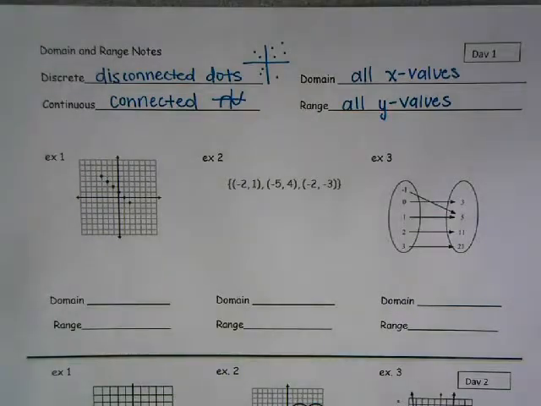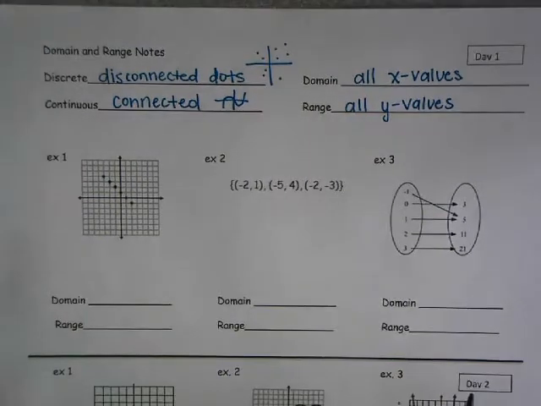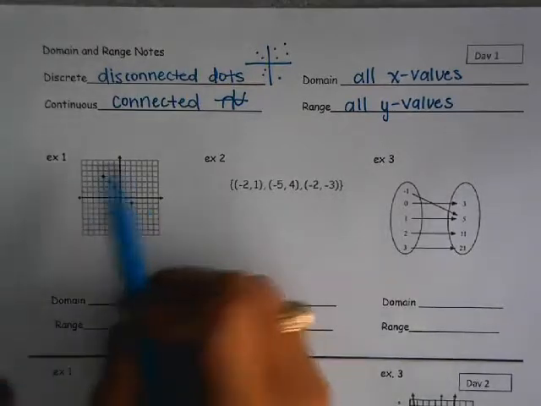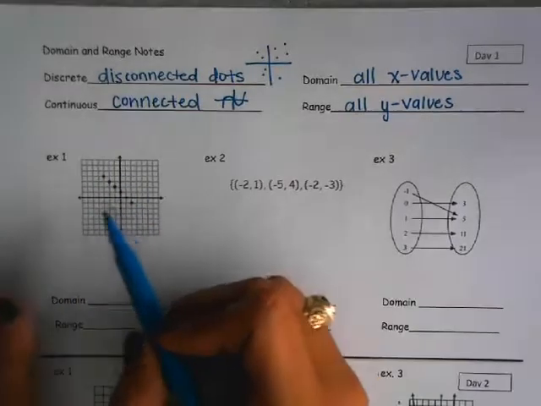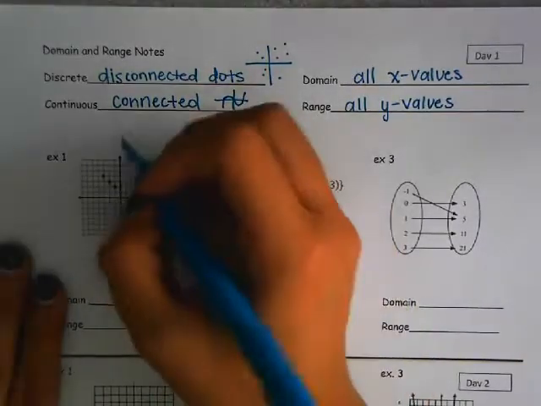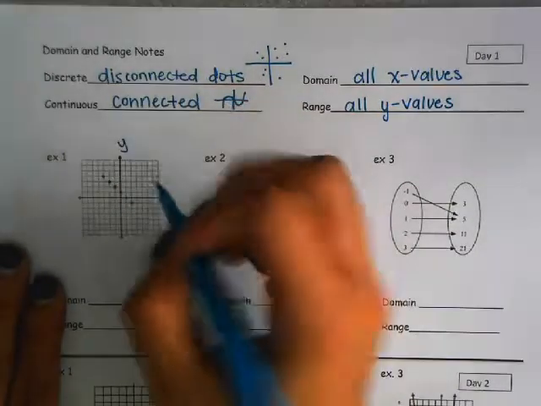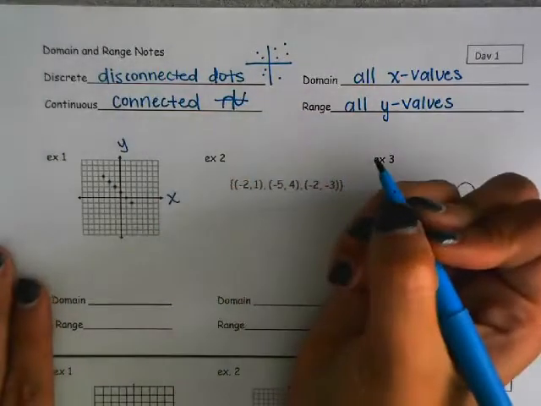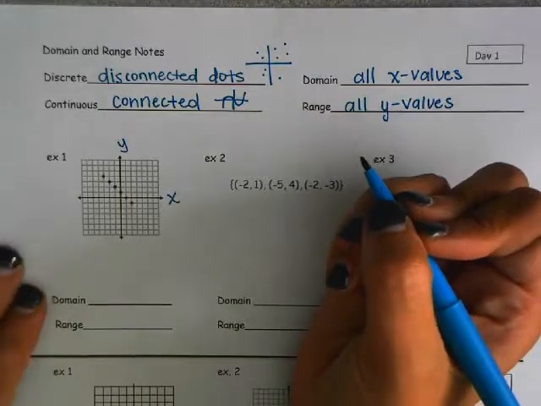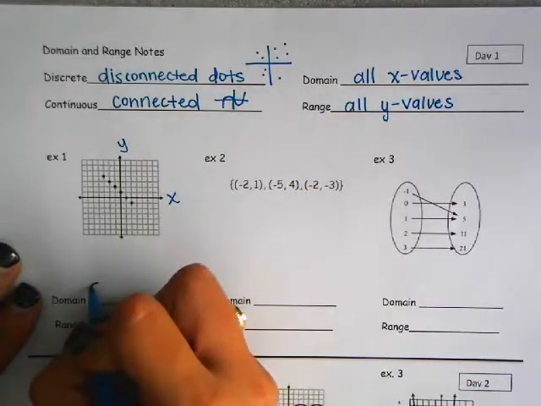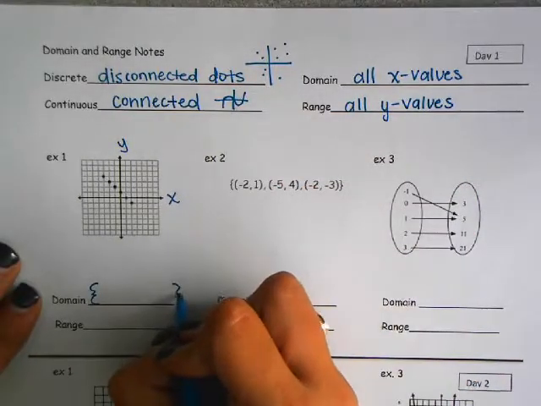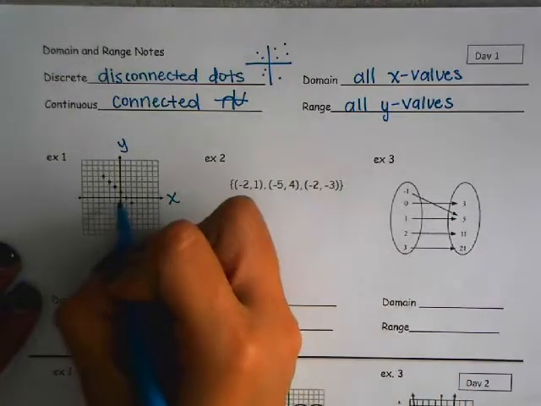All right, so let's practice looking at discrete domain. If we have example 1, this is a graph, okay? So we have our y-axis and our x-axis. For domain, remember you're looking at all your x values, so we're going to put them into a set. And we go from left to right.